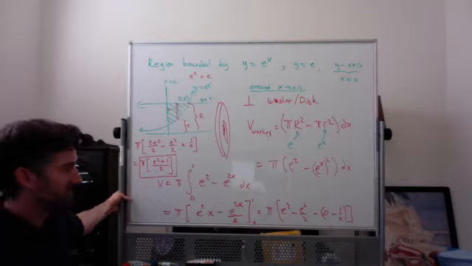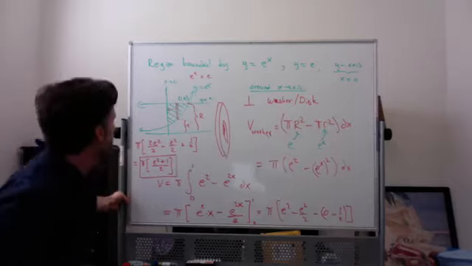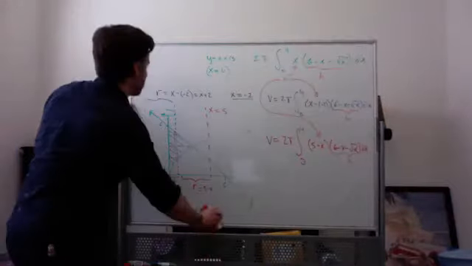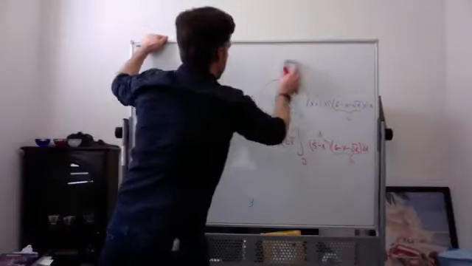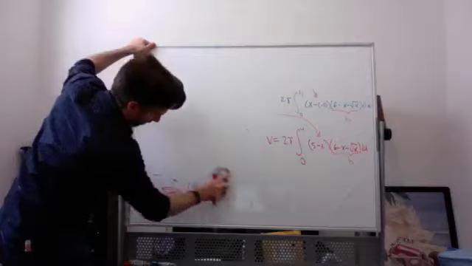Okay, so let's do it again, but now we're going to use the shell method, which I probably wouldn't generally do. This is definitely an example of a problem that's not great for the shell method, but it is certainly doable, I think.